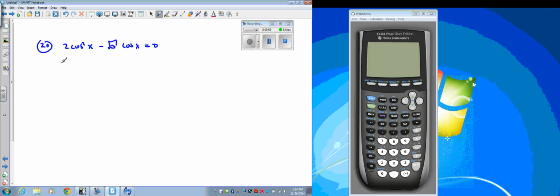Take cosine x out. And then you have 2 cosine x minus the square root of 3. Now what can you do? Set each factor equal to 0, right?